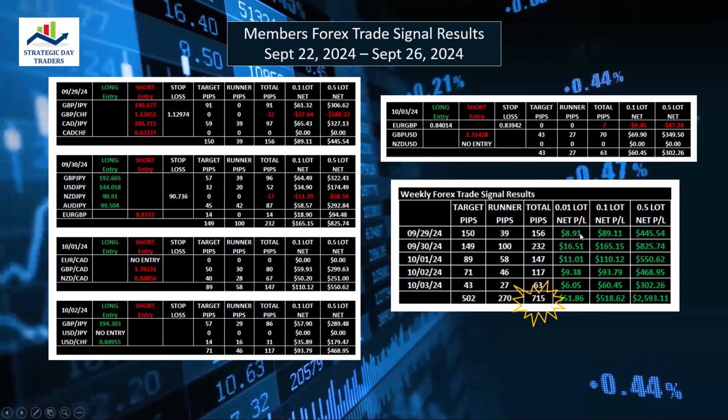You certainly could, if you're learning, trade the smallest micro lot size or mini lot size, and that got you a nice, easy $500 over. Total of 715 pips altogether for the trades as I took them, and your numbers may be higher or lower depending on where you got in, whether or not you chose to take the pullbacks only, whether you chose to get in at market.